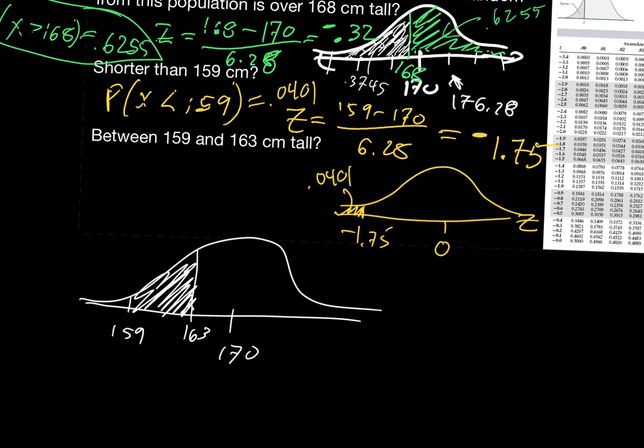Need to find the z-score for both. Well, we already know this one. The z-score for that is negative 1.75. And we know that this area down here that we don't want is 0.0401. Find the z-score for 163. Look at the table and find that number.